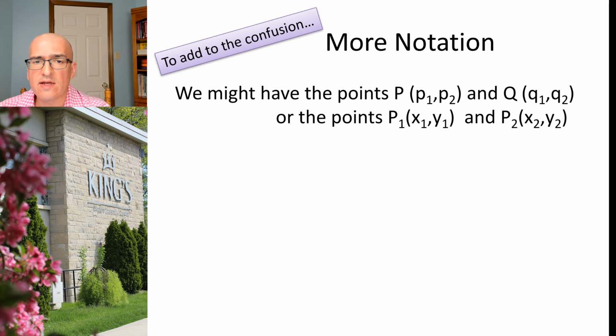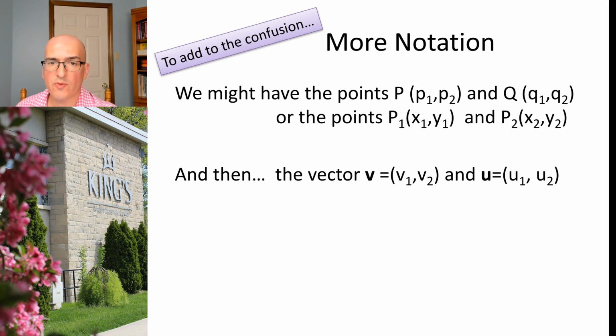So for the point P, instead of saying there's an x-coordinate and a y-coordinate, we might say there's a P1 coordinate and a P2 coordinate. For a vector V, instead of an x and a y component, we might say there's a V1 component and a V2 component. And for the vector U, there's a U1 component and a U2 component.